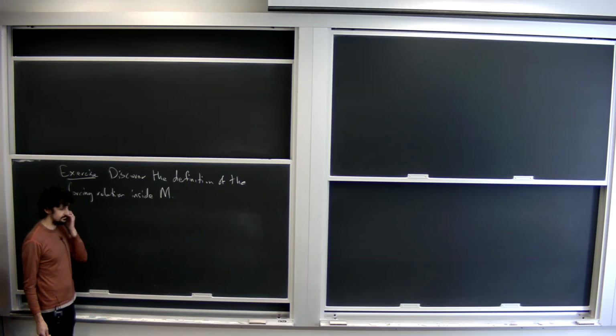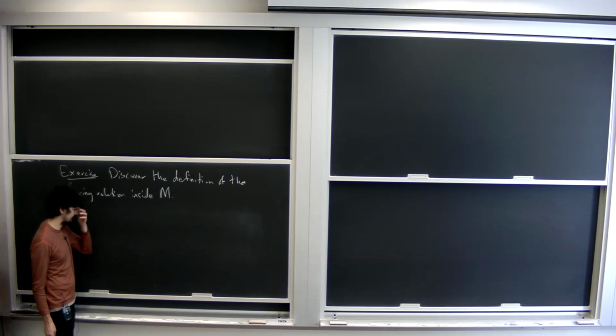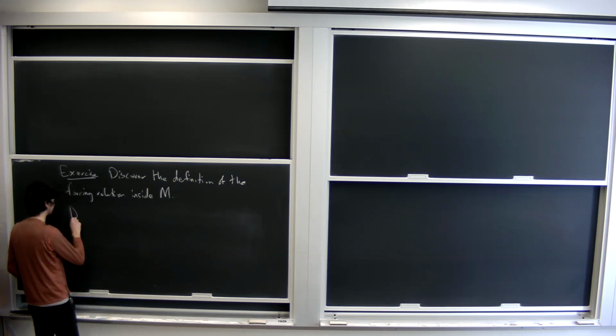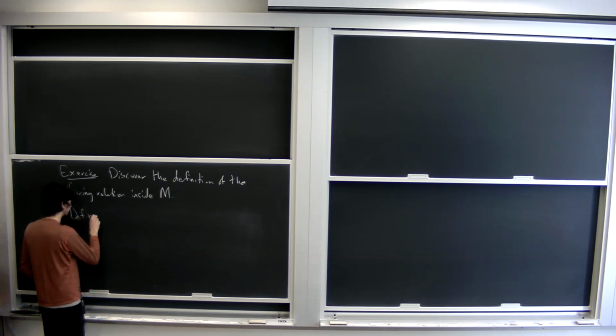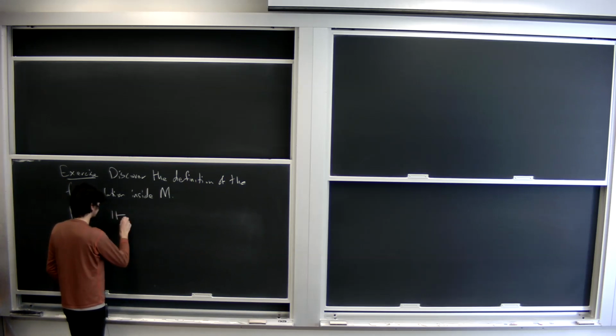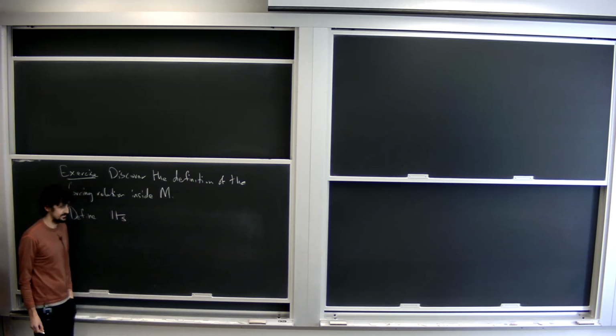So let's do some discussion about what you should do. Okay, so what you should define is a forcing relation, which we're going to call forcing with an S for strong forcing.